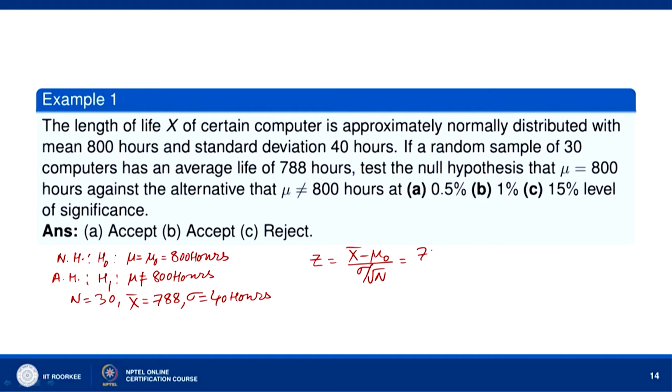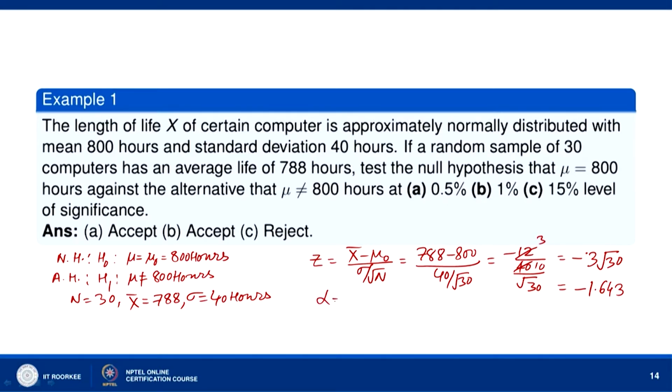This is 788 minus 800 divided by 40 divided by root 30, which is equal to minus 12 divided by 40 by root 30, that is minus 0.3 into root 30. So this comes out to be minus 1.643.